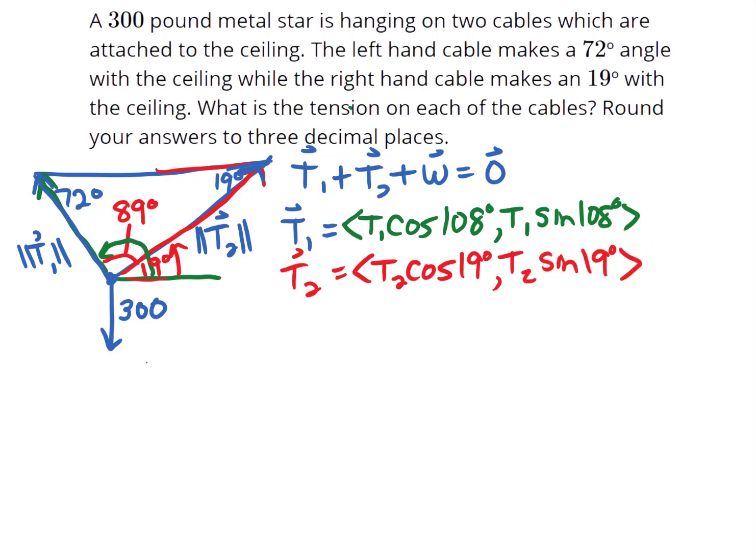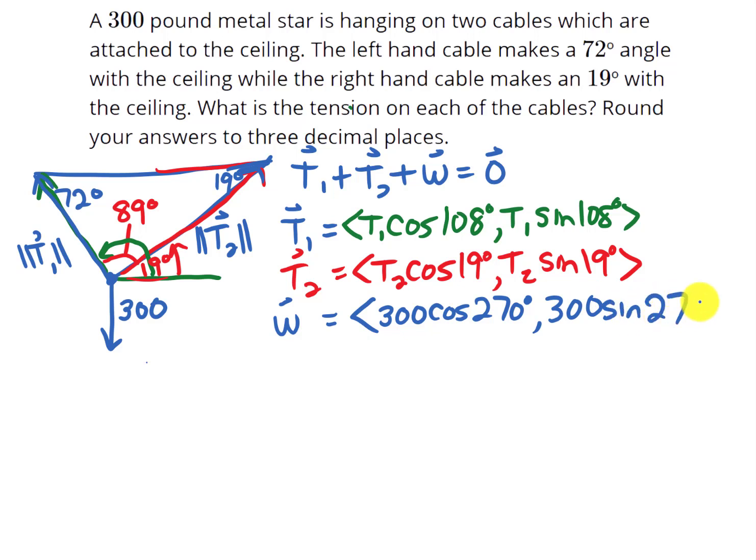Now let's express W, the weight vector. Its magnitude is 300, and it's going to be cosine of that angle all the way around to there, which is 270, and then 300 sine of 270. Cosine of 270 is 0, so the first component is 0, and sine of 270 is -1, so the second component is -300.